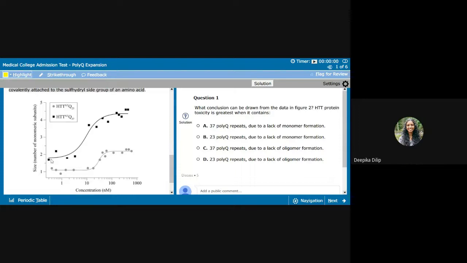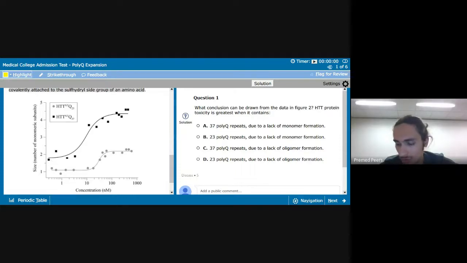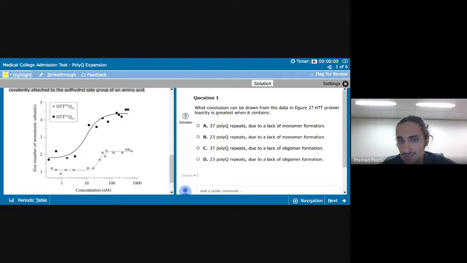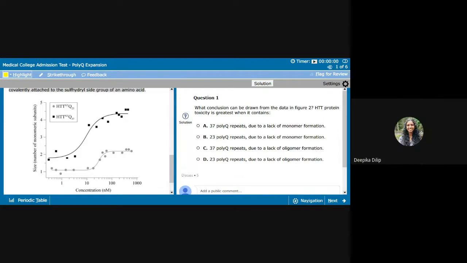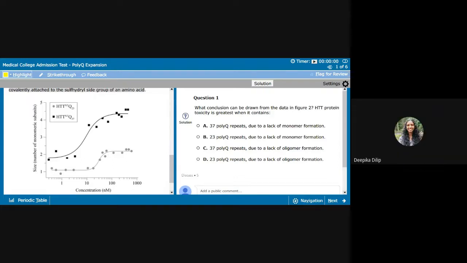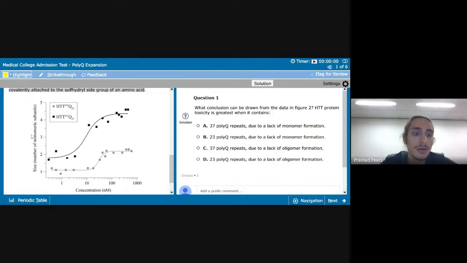If we have 2 monomers, what do we call those? Oh, dimers. So does it have any monomers? It just has a dimer, not a monomer, because 2 monomers make a dimer, right? So it tells you the number of subunits.